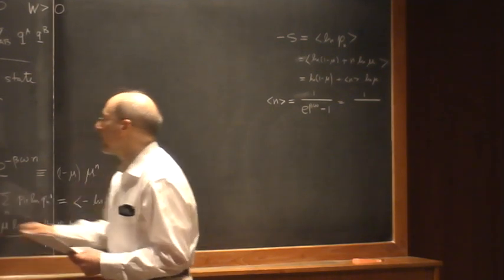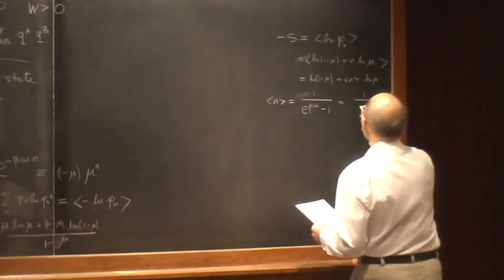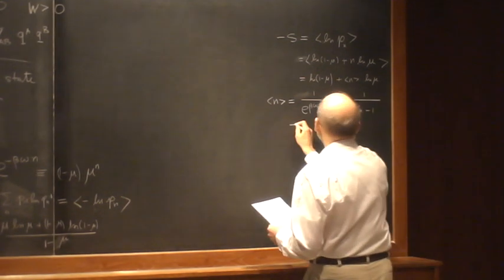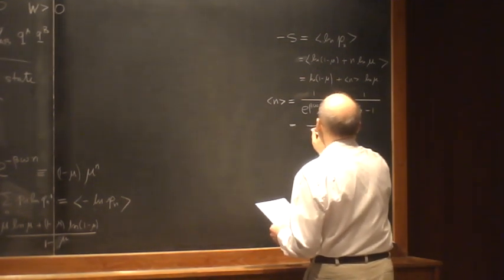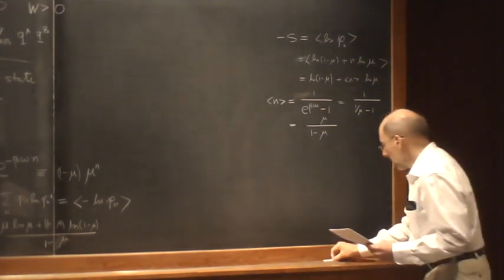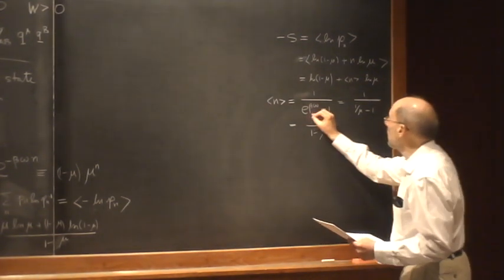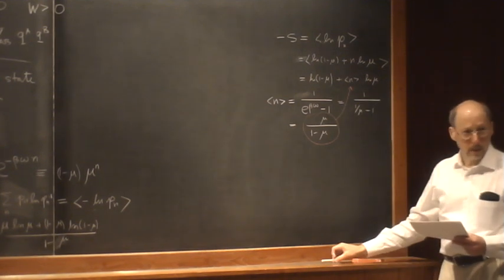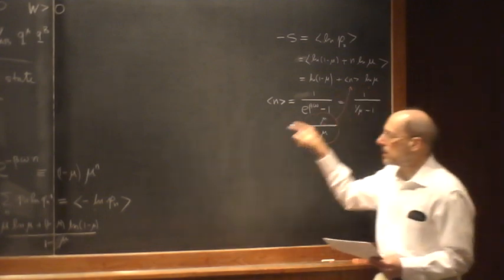There it is, e to the minus beta omega. So e to the beta omega is 1 over mu, minus 1, which is equal to just mu over 1 minus mu. Right? So if we plug in mu over 1 minus mu for that expectation value of n, then obviously you get this formula.